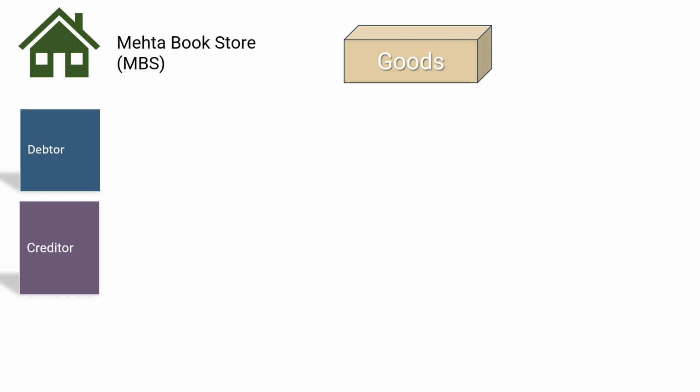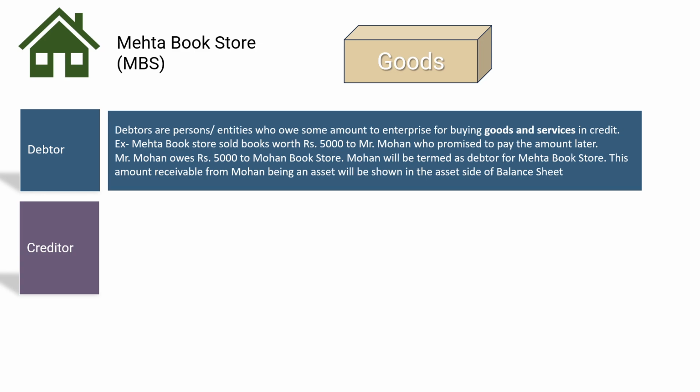Since the money is not paid by me and Mehta bookstore is expected to receive the money, I am a debtor for Mehta bookstore. That is called the debtor. I owe this amount to Mehta bookstore.